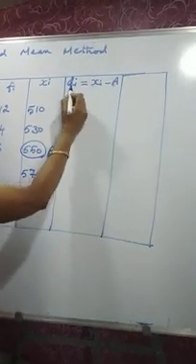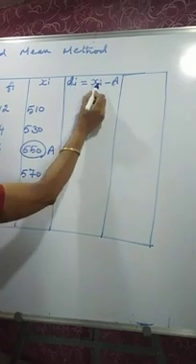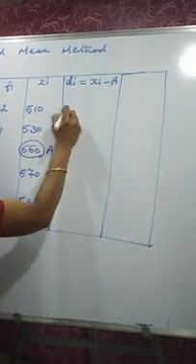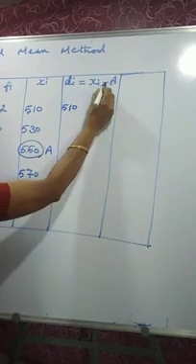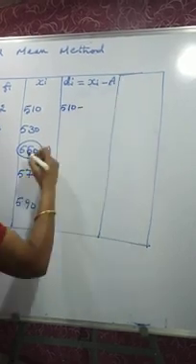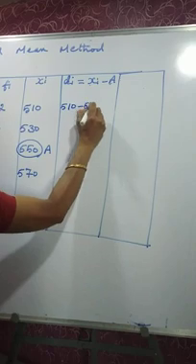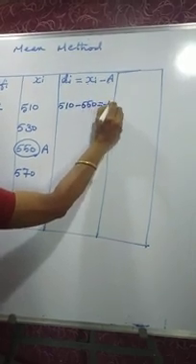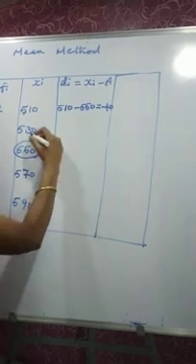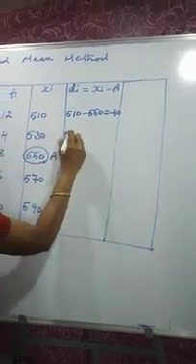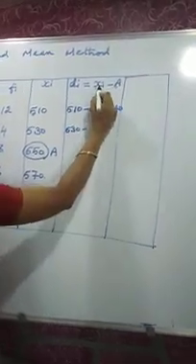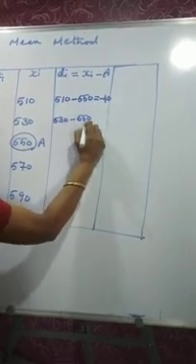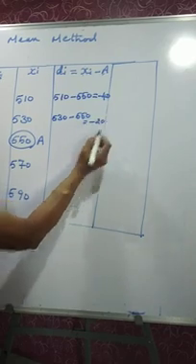Now we are going to calculate the first di. Di is xi minus a. The first xi is 510 minus assumed mean. The assumed mean we have marked as 550. Subtracting, we get minus 40. The second xi is 530. The same rule, 530 minus assumed mean 550, which is equal to minus 20.